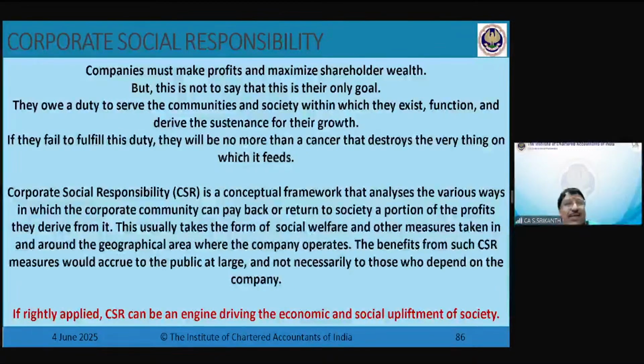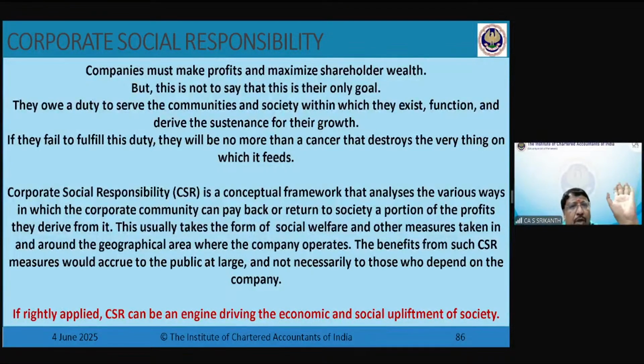CSR is a giving back. See, I am a pure capitalist, just right of middle. I'm a liberal capitalist, right of middle. I'm not left of middle, I'm right of middle. So I'm not an extreme capitalist. Even as a right of middle liberal capitalist, I feel that companies must make profits and maximize shareholder wealth.